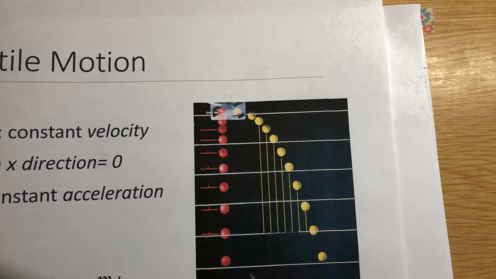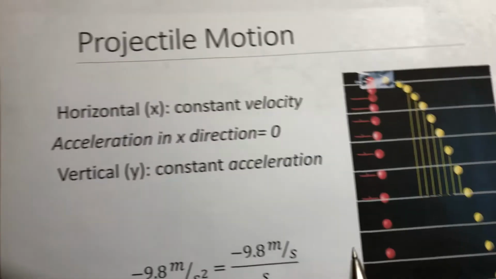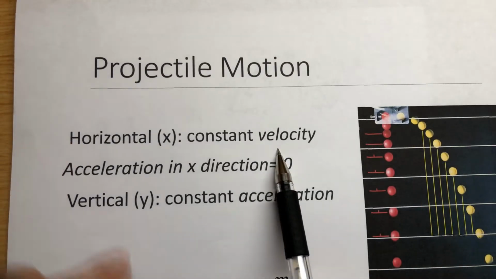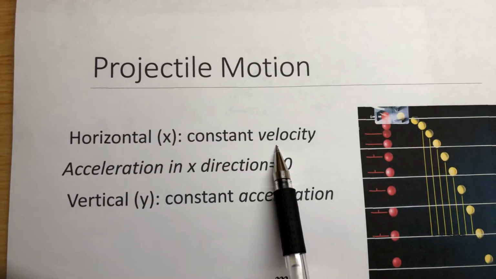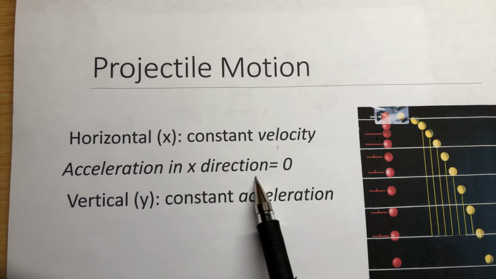So write that down in your notes. For the X direction, you have constant velocity. It's the same horizontal distance per time. Okay, so write that down in your notes. Horizontal, for the X components, it's constant velocity. That means that acceleration in the X direction is 0.